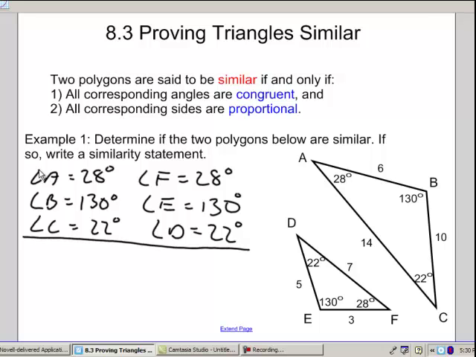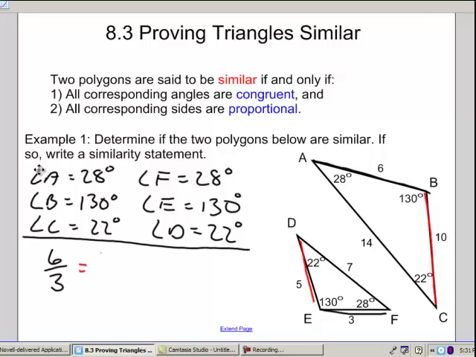If that's the case, let's make sure we line these up correctly. AB, which goes between the 28 and the 130, would have to correspond to EF, which goes between the 28 and the 130. So my first proportion would be 6 divided by 3. Then BC goes between the 130 and 22, as does DE.